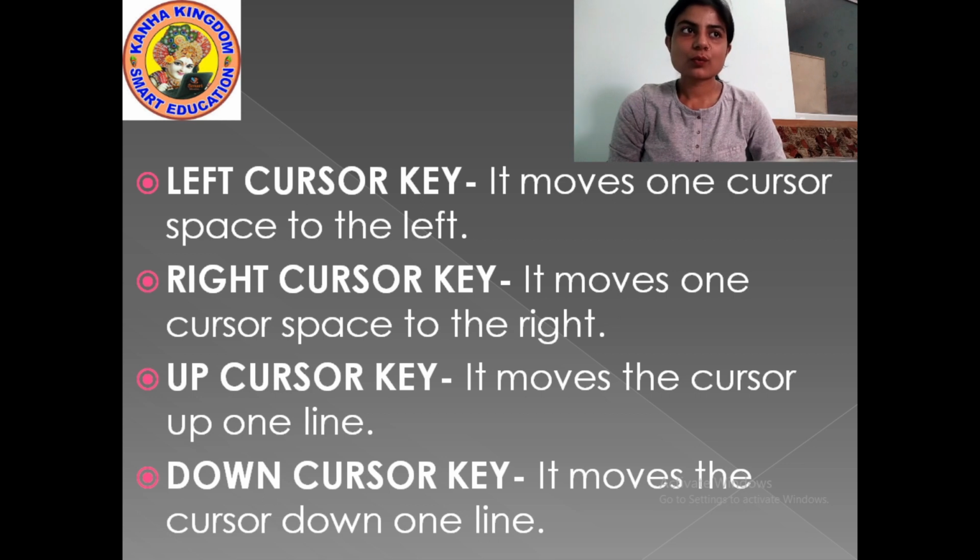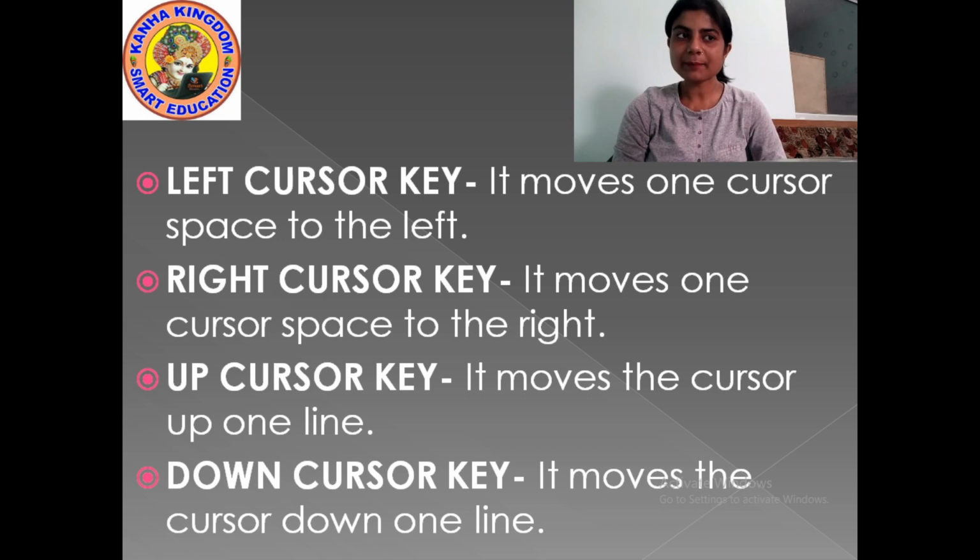Now students, what is the use of the left cursor key? The left cursor key moves the cursor one space to the left. And what is the use of the right cursor key? The right cursor key moves the cursor one space to the right.